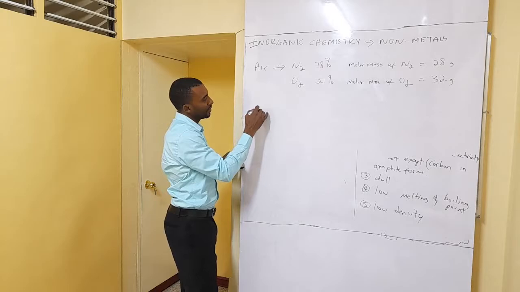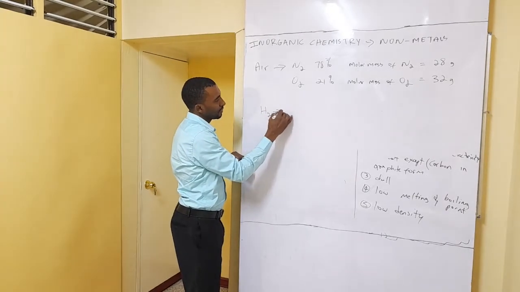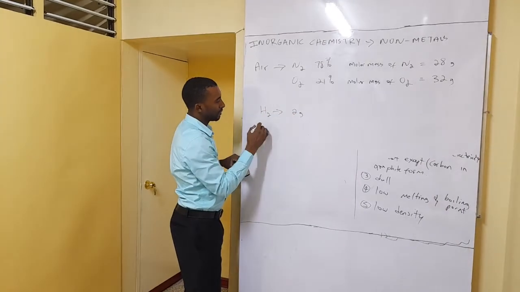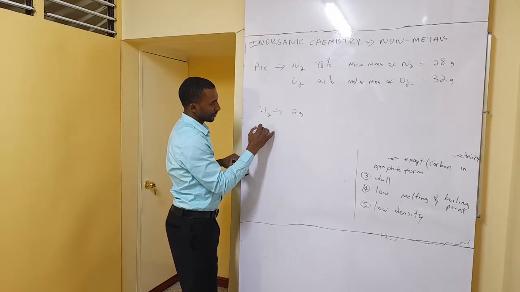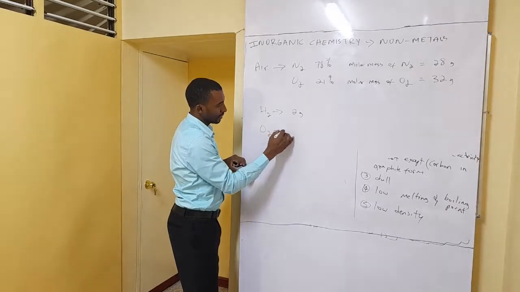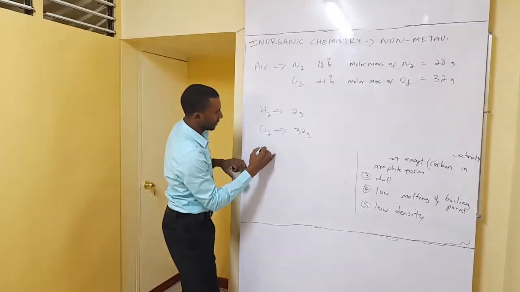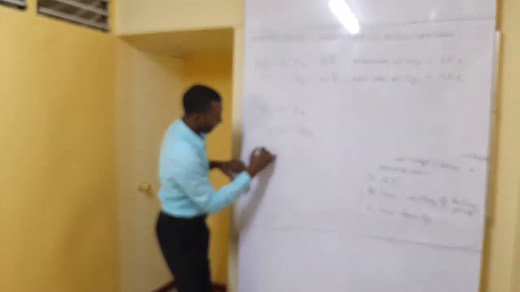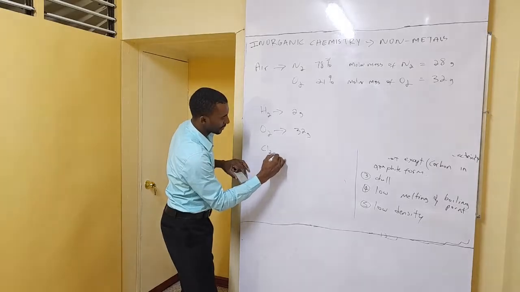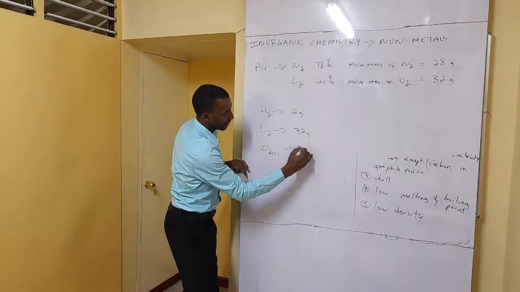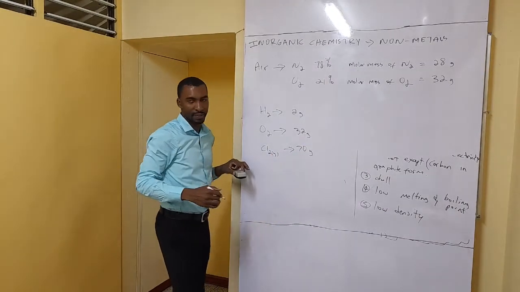So hydrogen is just 2 grams per mole, oxygen would be 32 grams, and chlorine gas, 35 and 35, would be about 70 grams approximately.